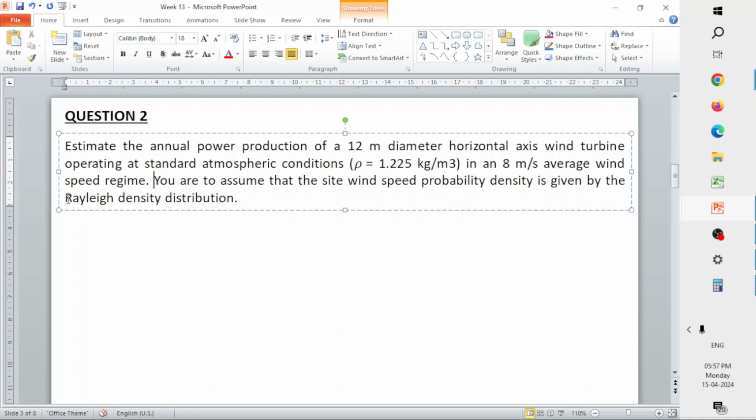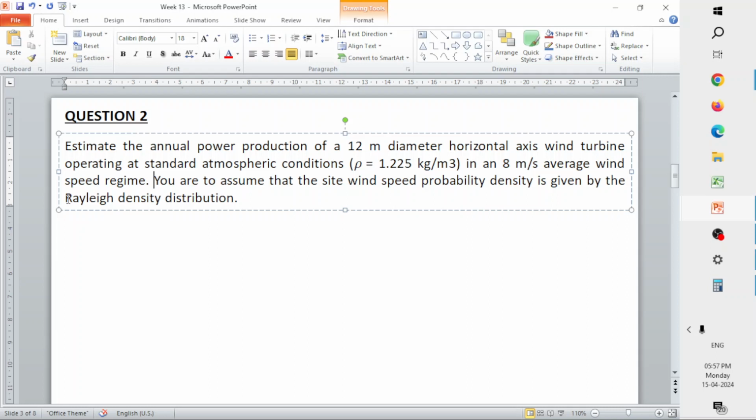Here they are asking you to assume the probability density function is a Rayleigh distribution, and based on that calculate the annual power production, the average machine power for your wind turbine. This we saw yesterday.